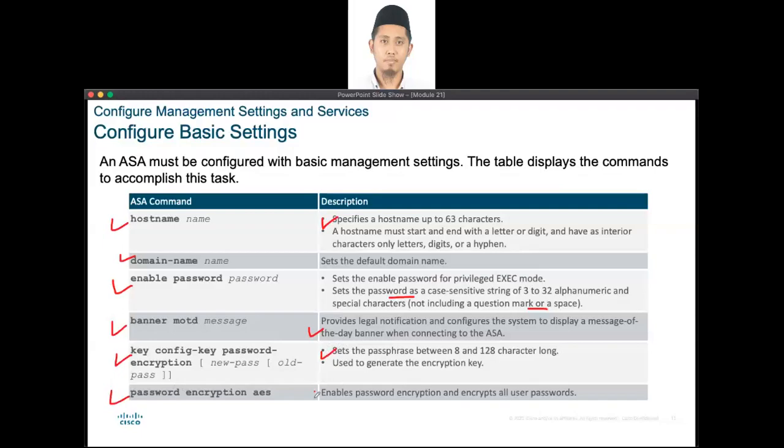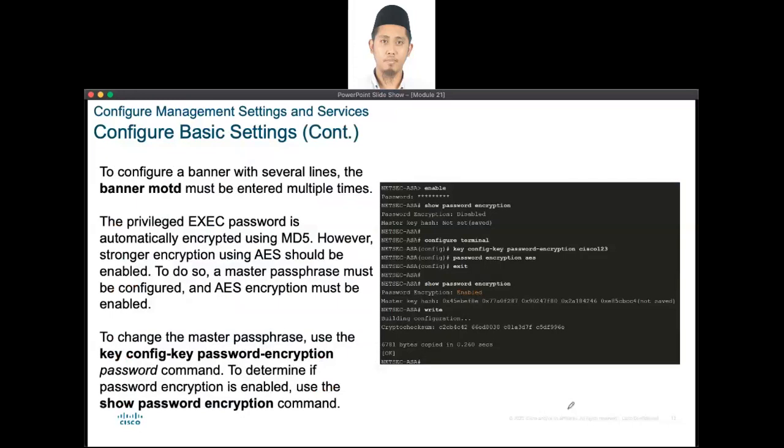And then password encryption aes means it enables password encryption and encrypts all user passwords. To configure a banner with several lines, the banner motd command must be entered multiple times.